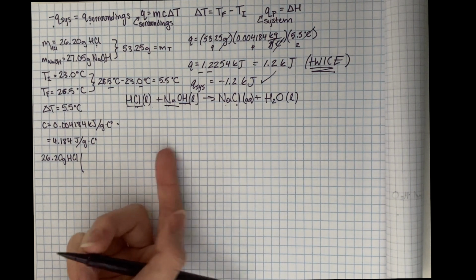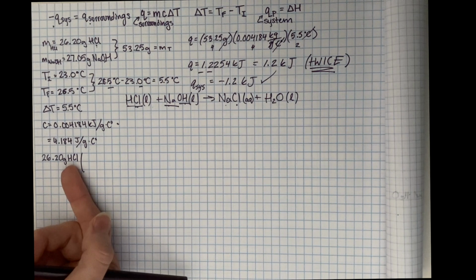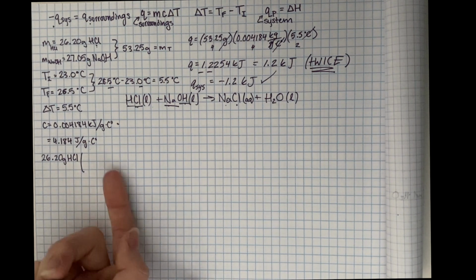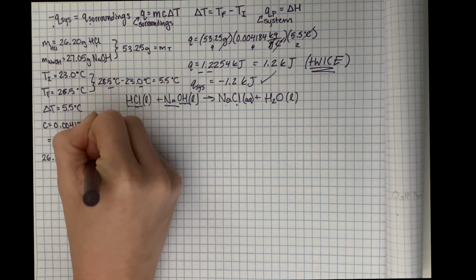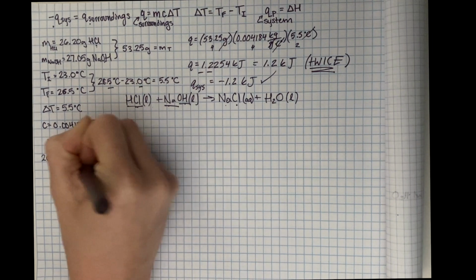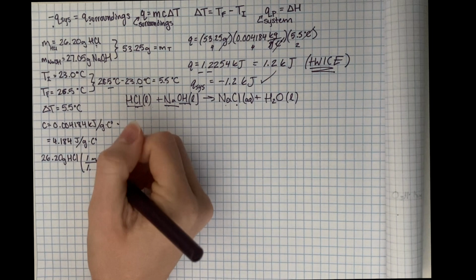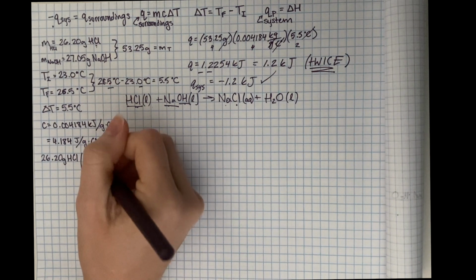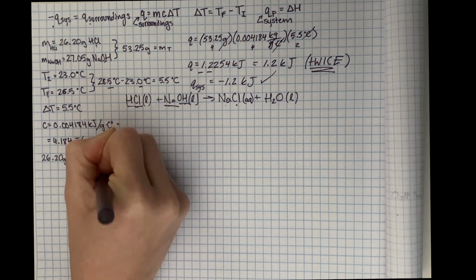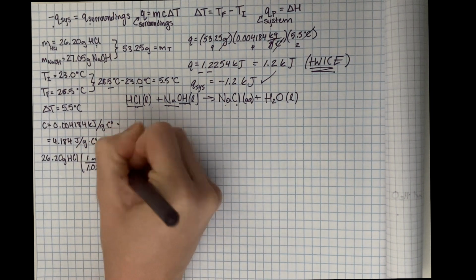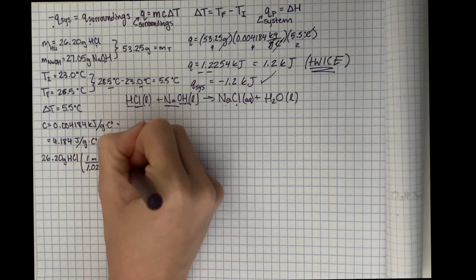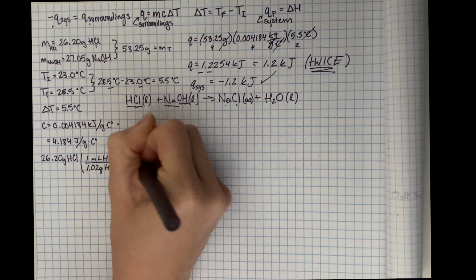So we can take a mass and turn that into a volume using the density as a conversion factor. So the density of 1 molar HCl is approximately 1.02 grams per milliliter. And we know that there's 1,000 milliliters in 1 liter.